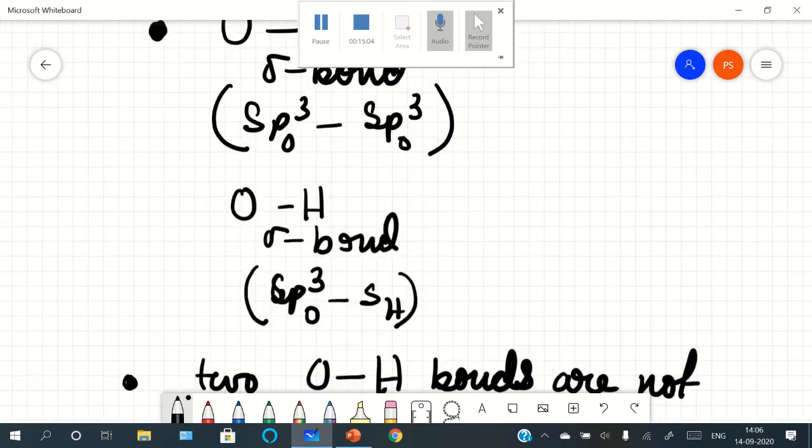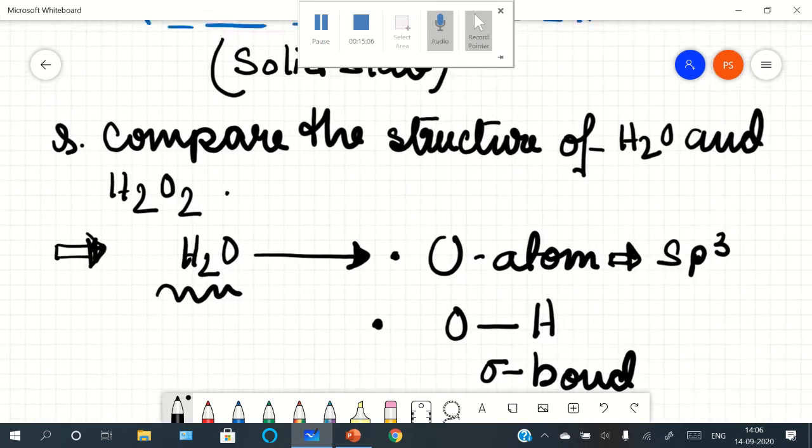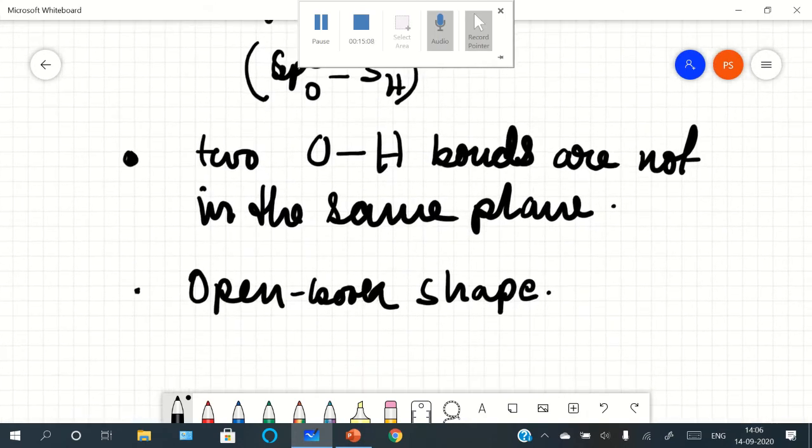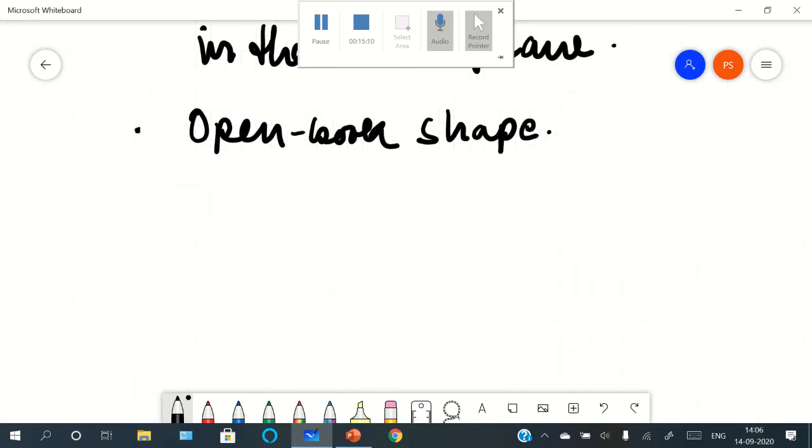These are a few of the structural differences that can be observed between the H2O water molecule and the H2O2 hydrogen peroxide molecule.